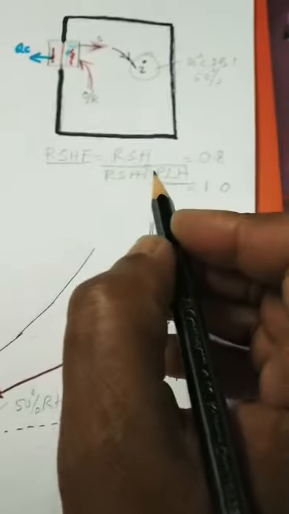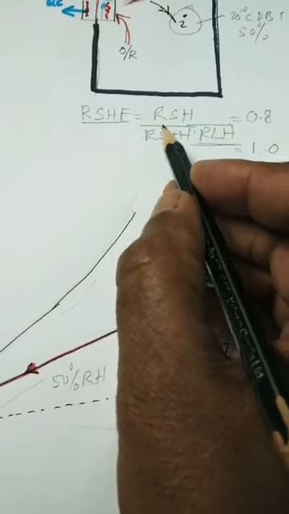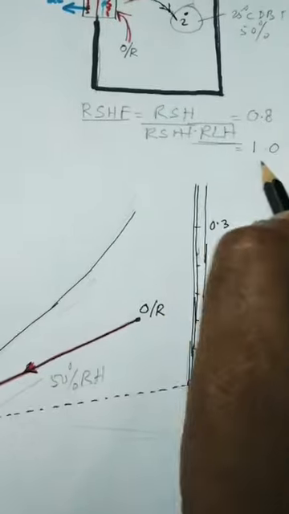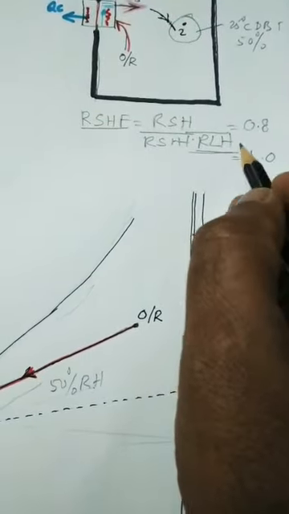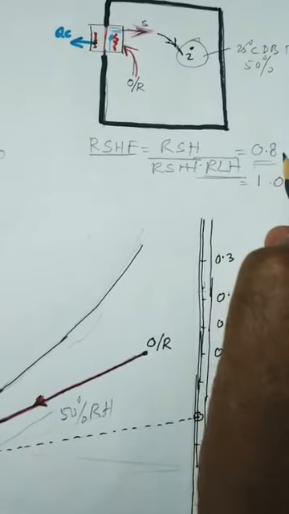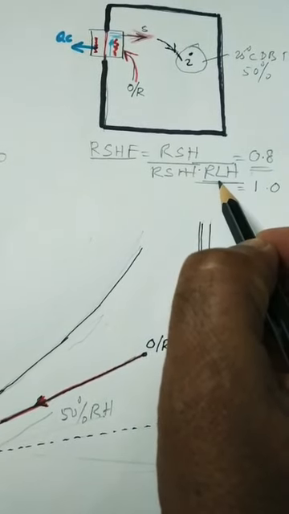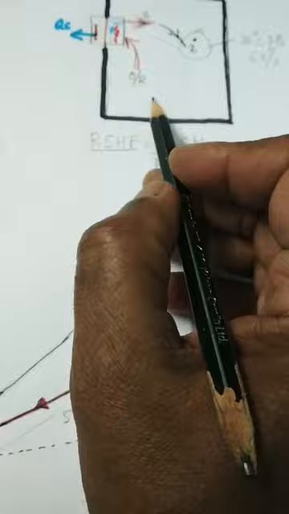Room design condition is already denoted by a small circle on the psychrometric chart. So it is clear that if we have room sensible heat factor not equal to 1, and we have found out for this particular room it is equal to 0.8, there is a certain amount of room latent heat load available inside the room.